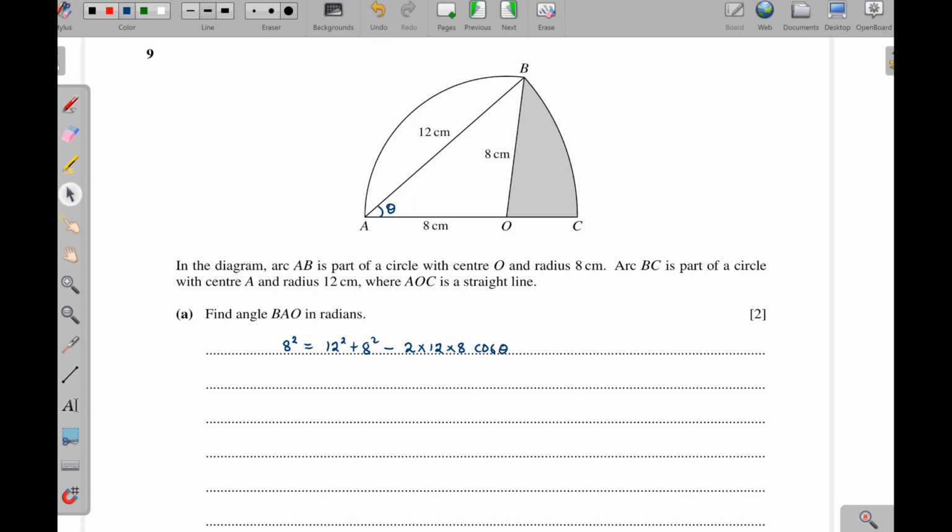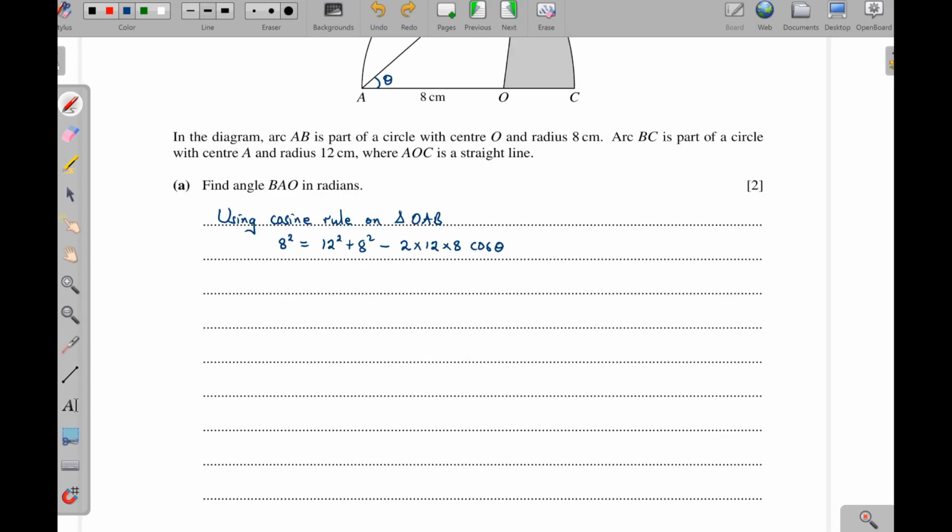Now, here I've used the cosine rule. So to be systematic, I'll say using cosine rule on triangle OAB.